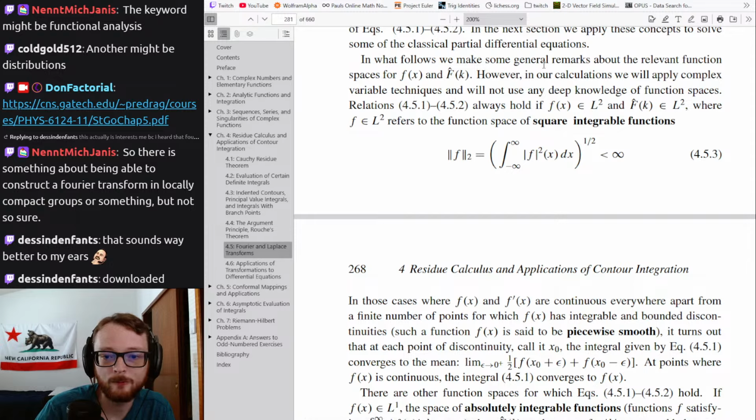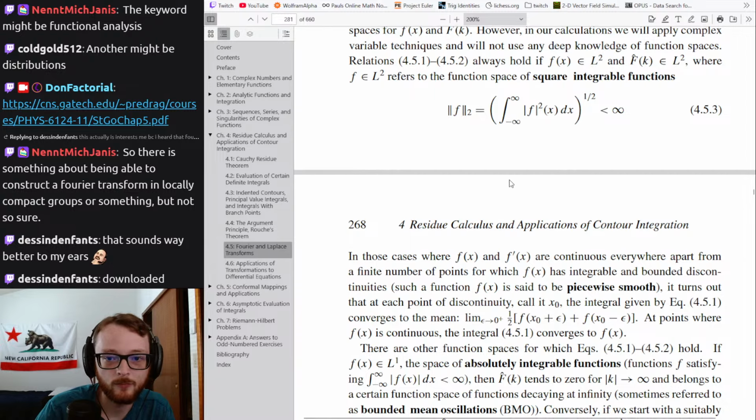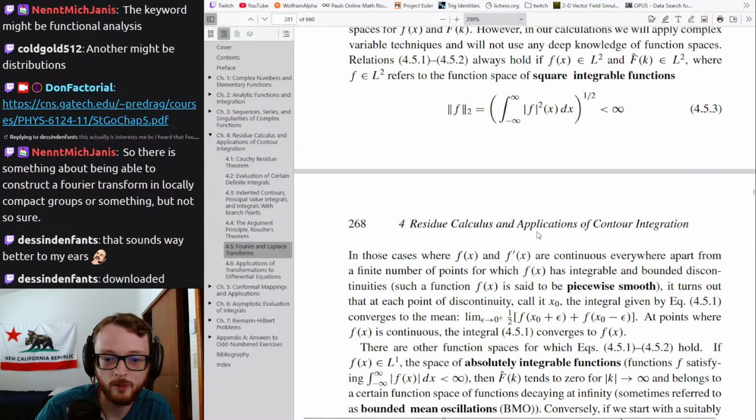But you can talk about Fourier transforms apparently in L1 or in L2, and this is the definition of L2. For the sake of simplicity, this book only looks at L1 intersect L2. But if you do some more fancy measure theory, functional analysis stuff, you probably learn a lot more about this.